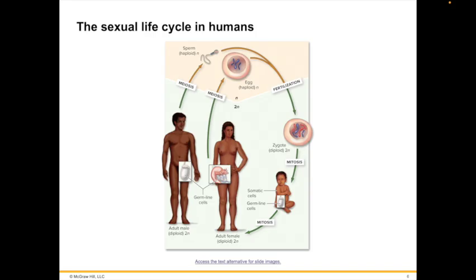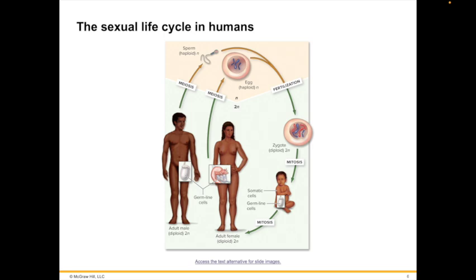So as you have it, the diploid adults are there. By way of meiosis, each of those diploid adults produce the gametes, the sperm and egg. By way of fertilization, the diploid zygote is formed. By way of mitosis, we go back to later in life, not quite an adult, a child.